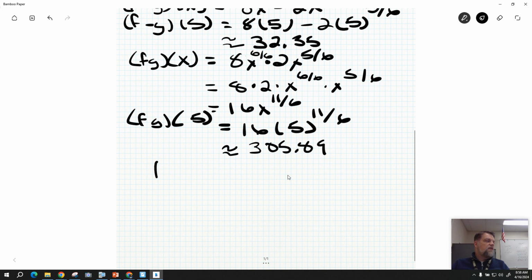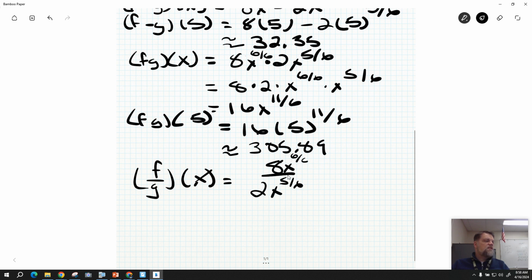Lastly, we're going to do f divided by g of x. That's just going to be 8x divided by 2x to the 5/6. Remember that x to the first power is the same as x to the 6 over 6. We're going to subtract 5 over 6 on the bottom. We're going to subtract 5 over 6 on the top.